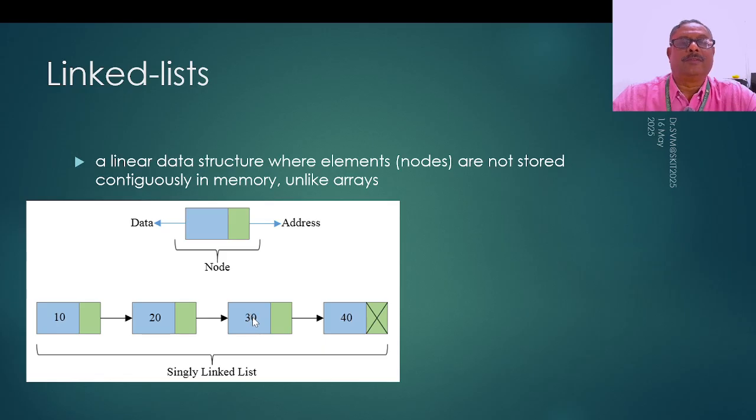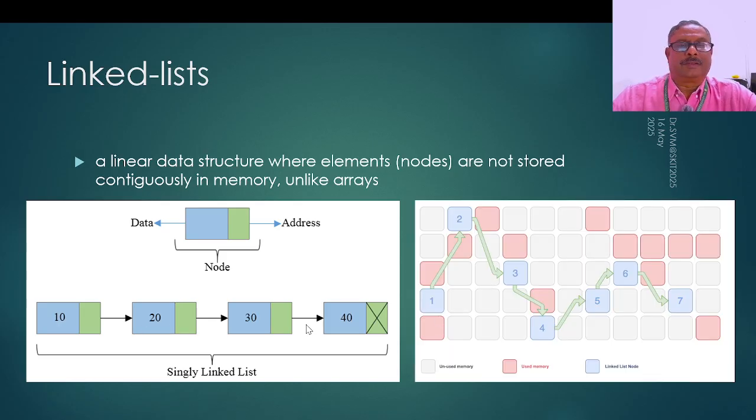There we find that 30 is stored, and then the next node 40. Looking at the next, we find that it is null, which means that is the end of the data. So there are totally four elements in our list: 10, 20, 30, and 40. To represent that 40 is the last element, we just put a null in the address of the next node.